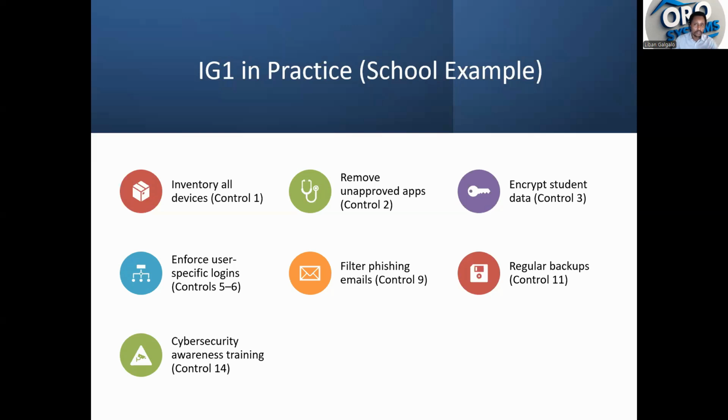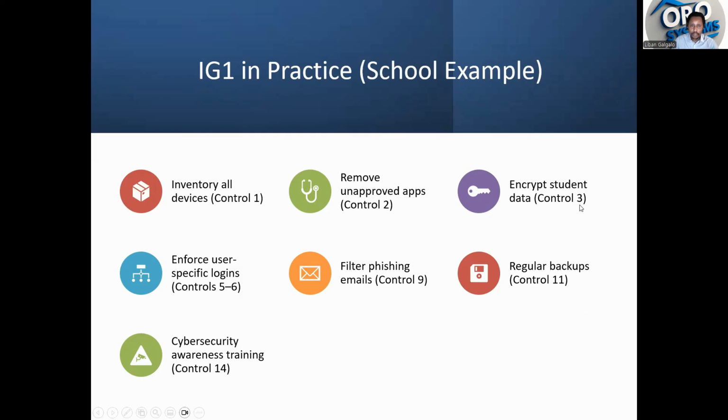We will look into that in another example, but it could be more focused on inventory, or enforcing user-specific logins, or cybersecurity awareness training, which is control 14, or removing unapproved apps, control 2, which is more focused on the software.